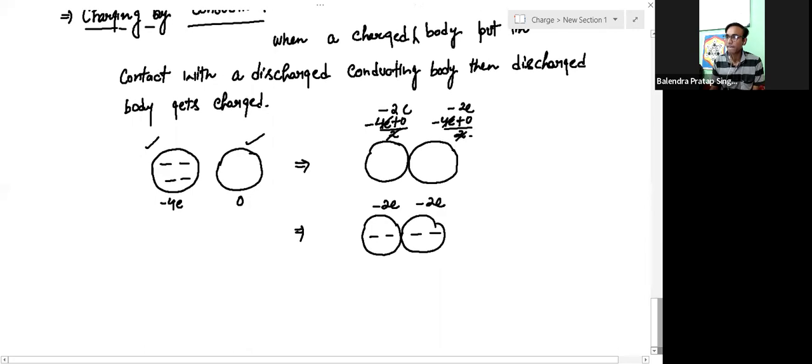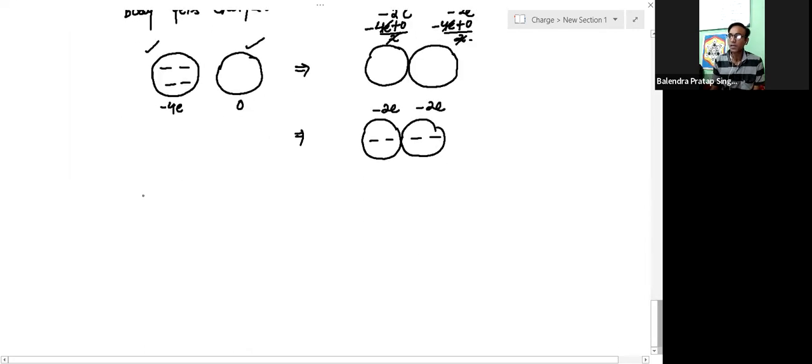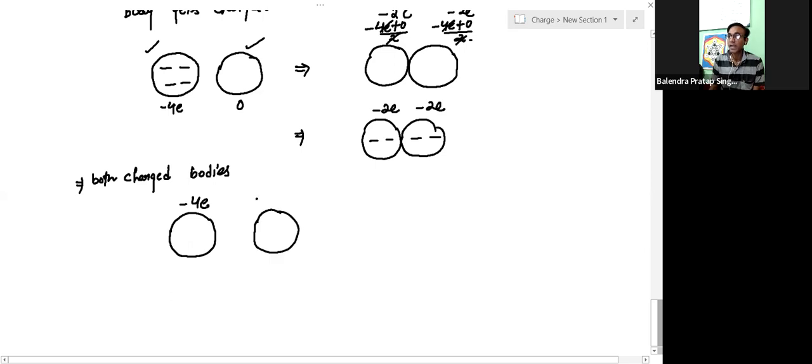In this example I am taking both charged bodies, but their charges are different. This body has minus 4e and another body I am taking has minus 8e.